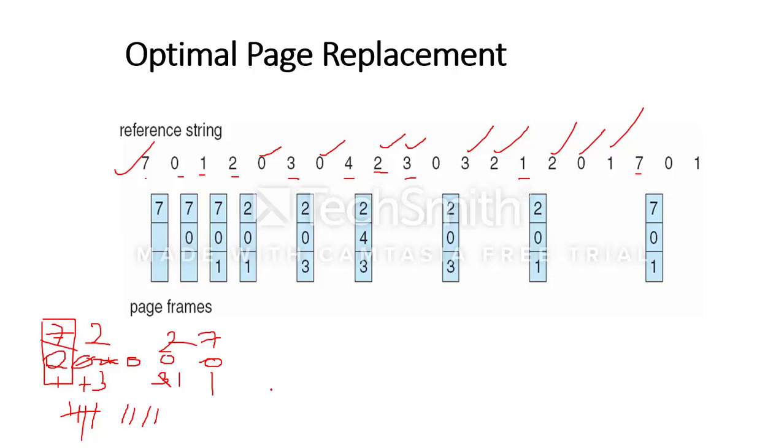So you add it there. Then 0 is there. 1 is there. So how many page faults do you have? 1, 2, 3, 4, 5, 6, 7, 8, 9. It's also confirming this one, 5 plus 4, which is equal to 9 page faults.